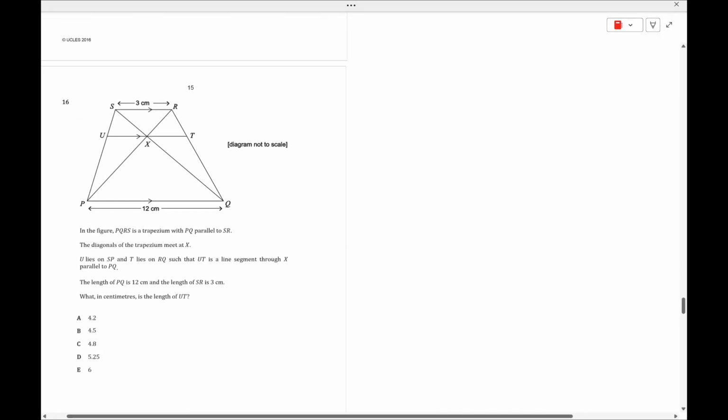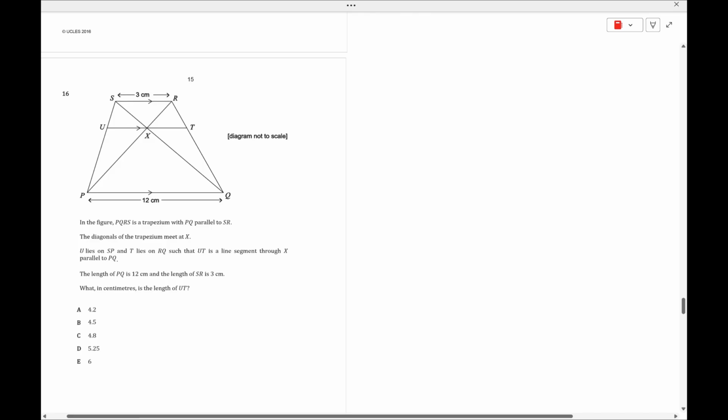So I actually did this originally in a way that I knew there was probably a more effective way to do it, but it was just the first thing that came into my mind and I went with it. So I'm going to show you that first. Often with questions like this where you've got a trapezium, it's about chopping the top off a triangle.